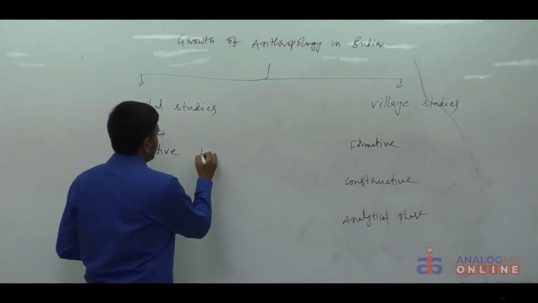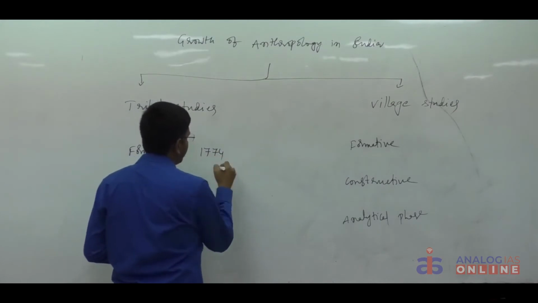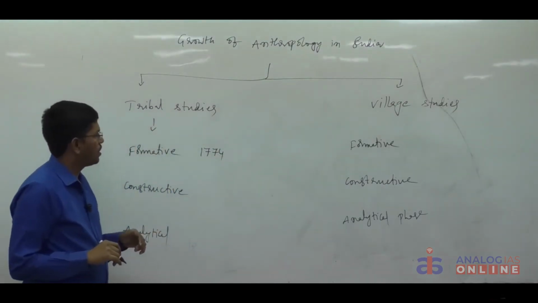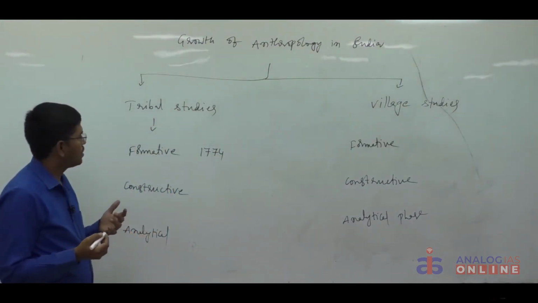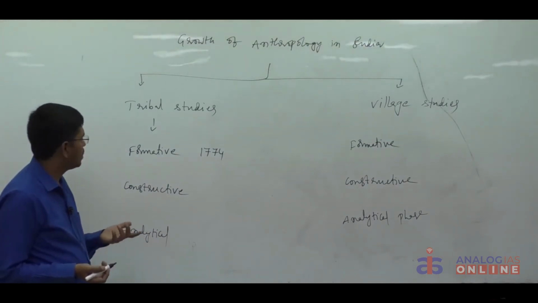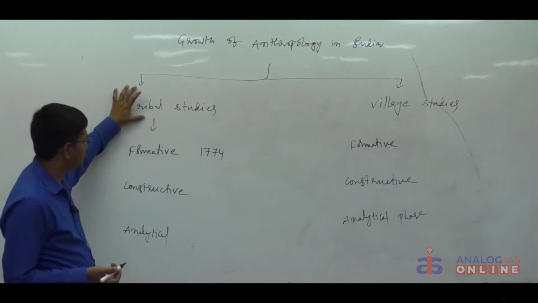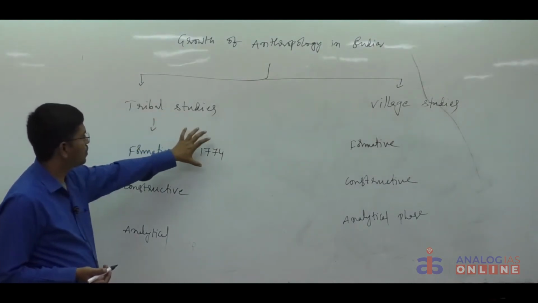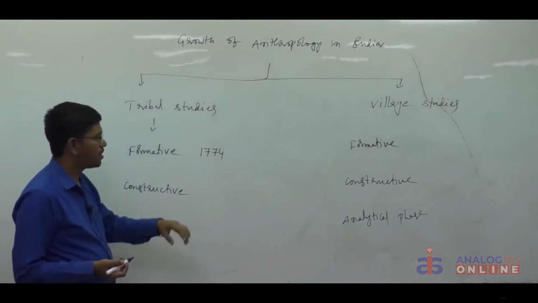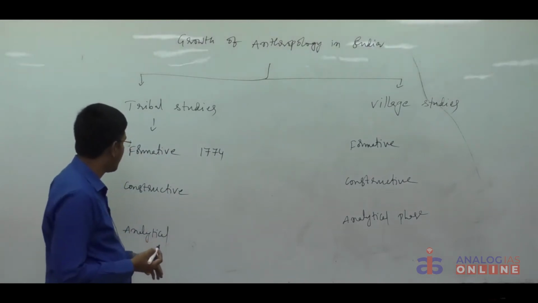The Asiatic Society of Bengal was established in the year 1774. In the beginning, the study of anthropology is nothing but a study of tribal societies. That's why the tribal studies were started in India first. That too, the growth of tribal studies were started with the establishment of Asiatic Society of Bengal.